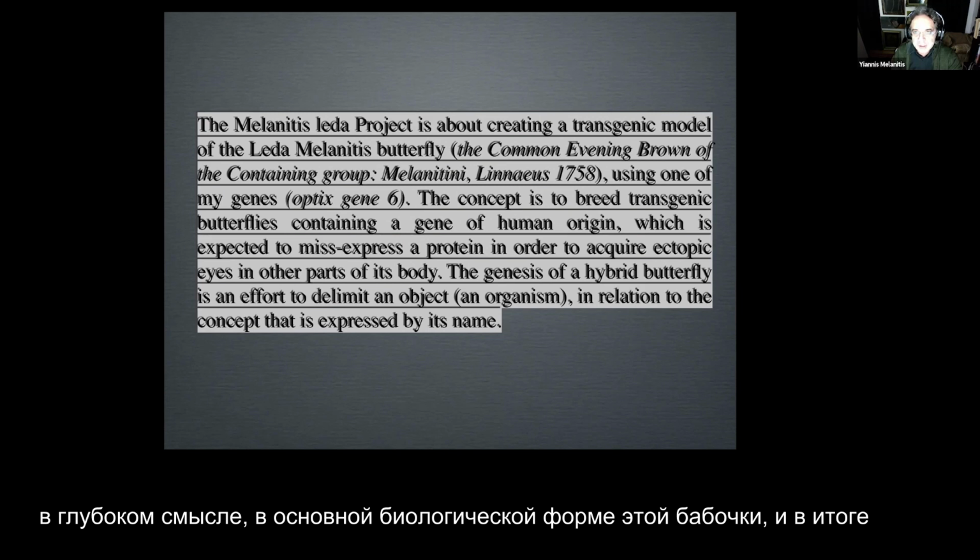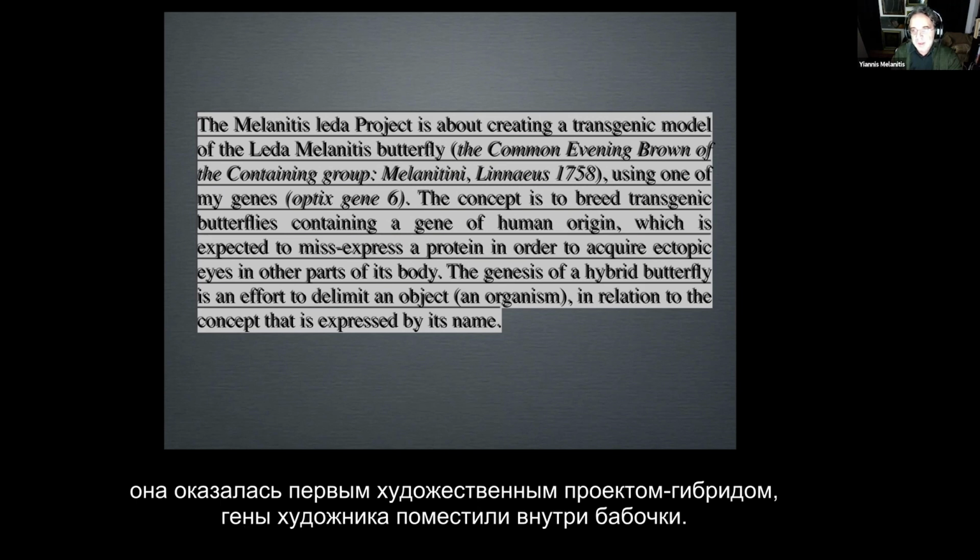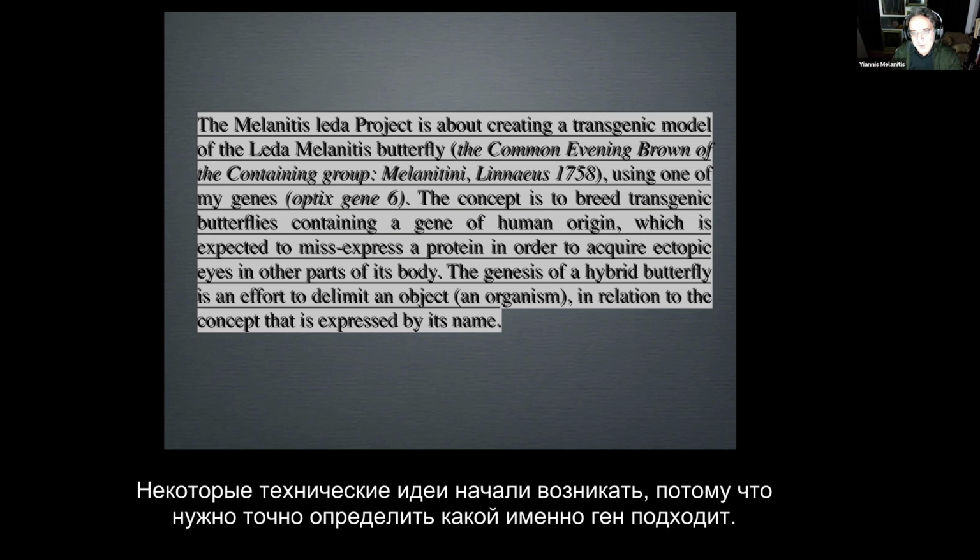And eventually it came out to be the first artistic project of a hybrid animal using the genes of the artist inside the butterfly. Several ideas and technicalities started to arise because it's not so easy.